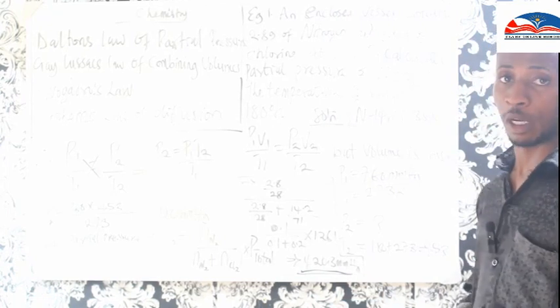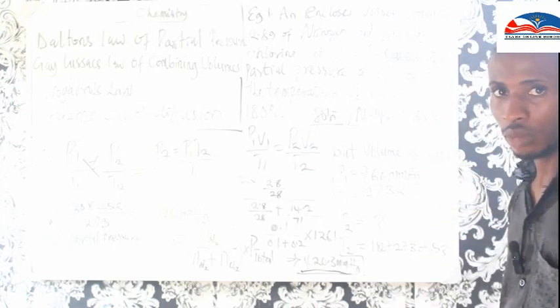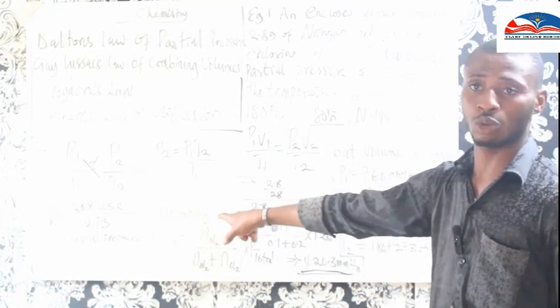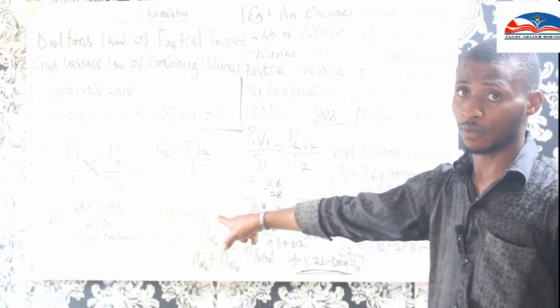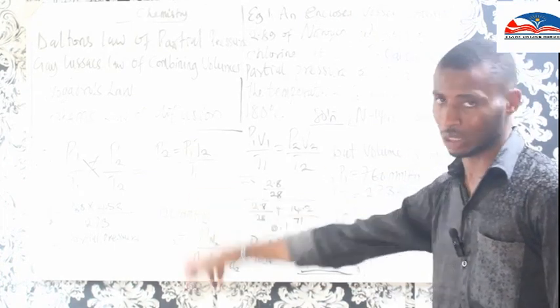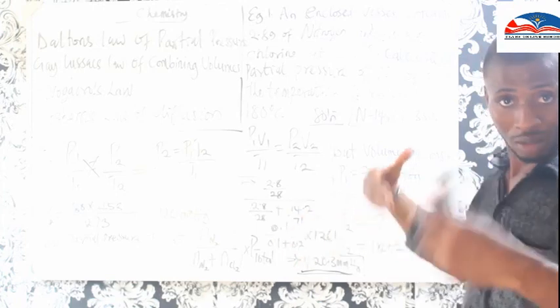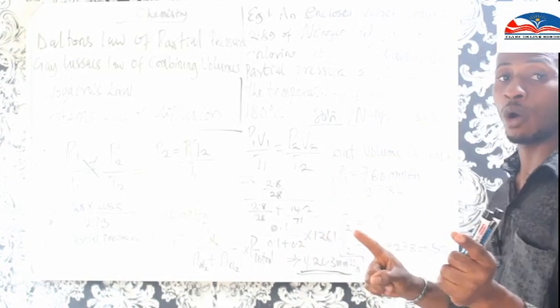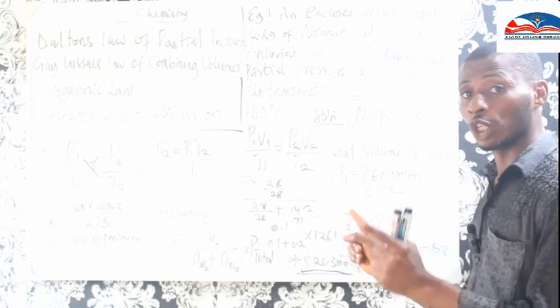Total pressure, pressure 2. Remember that the first pressure is the standard pressure, 760. Now, when the temperature increased to 180, another pressure was given, which is 1261 millimeters of mercury. Hope you are following. This one is your total pressure. Just in case you have a similar question, you know how to input and solve.